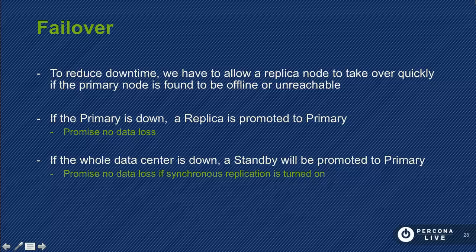Mostly we deploy the replica in the same region where the primary server resides. So if the primary is down, we can promote a replica to primary. This can promise low data loss, and if the whole data center is down, a standby will be promoted to primary.